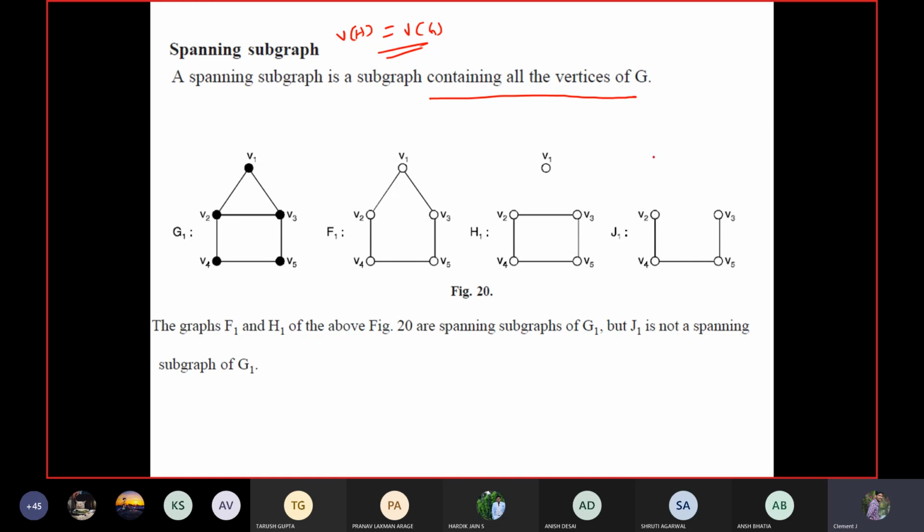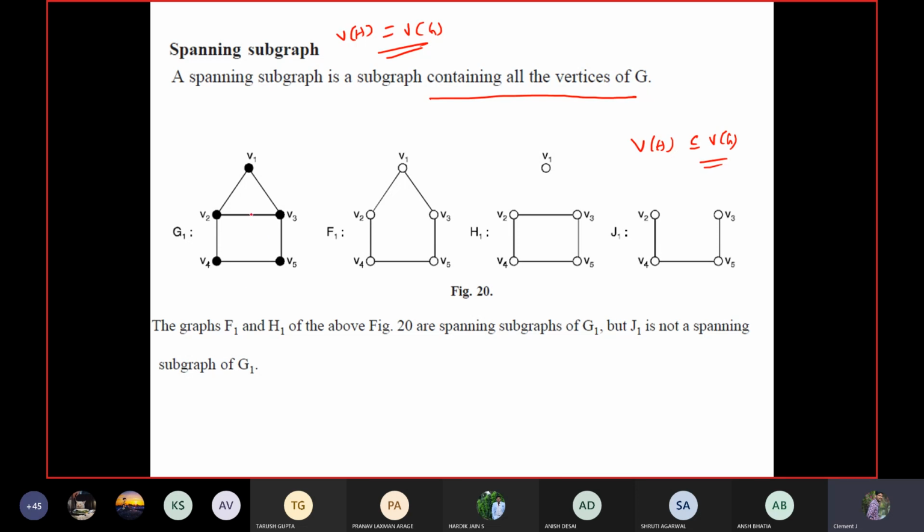In your subgraph, the vertex set can be a subset of V of G. It can be equal also, not a problem, but it can be a subset. But in your spanning subgraph, there is a strict condition to be followed: it should be equal in the number of vertices. It is not needed to be equal in your edges, but the condition restricts that it should be equal in the vertices.